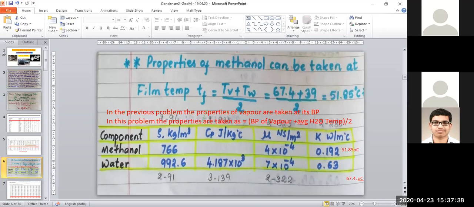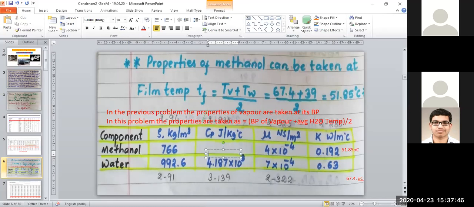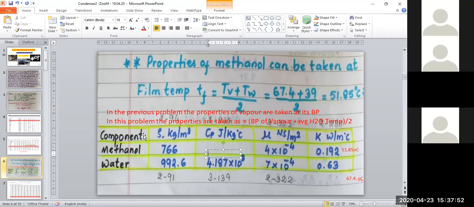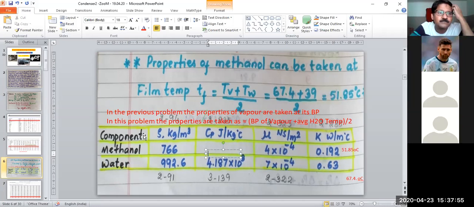Can anybody tell me the page number of CP of water? Can you hear me? What are the page numbers for CP of water? The page number, from the previous problem, for the specific heat of water.